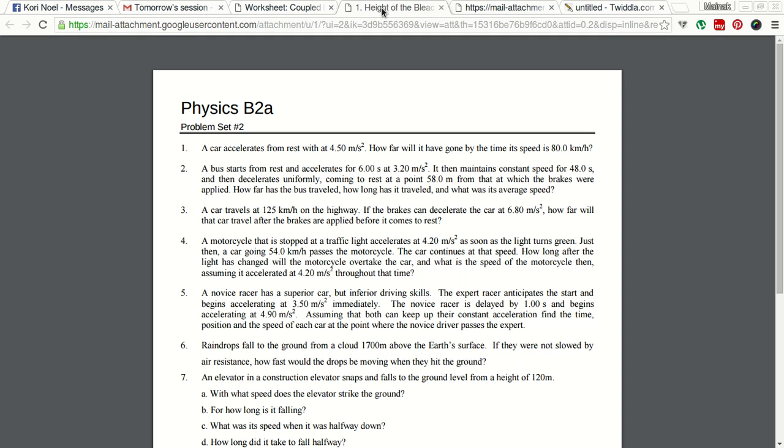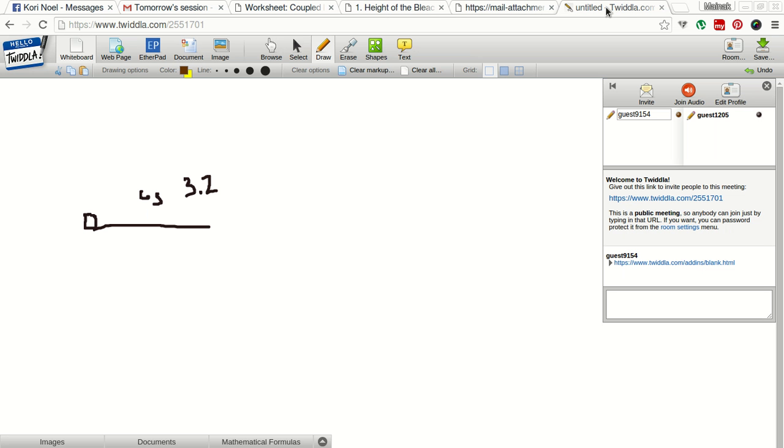Okay, and then it maintains a constant speed for 48 seconds. And then it comes to rest at a point 58 meters.